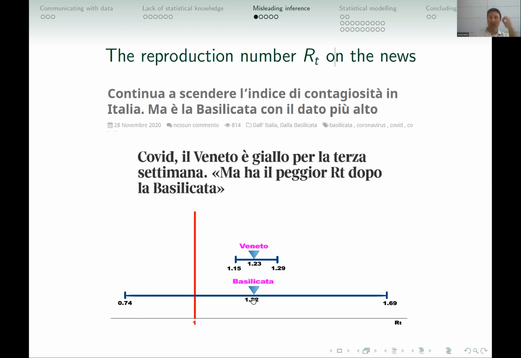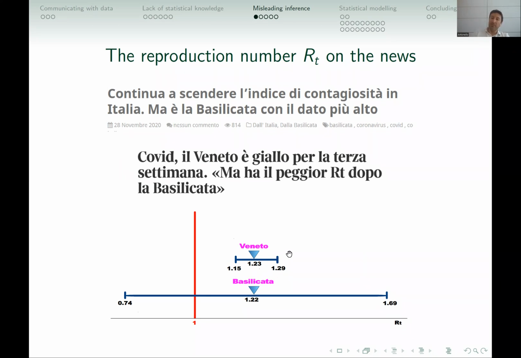In this specific case, we see that Basilicata and Veneto have pretty much the same point estimates. So the point estimate of the reproduction number in the two regions is pretty much the same. But the uncertainty measures, so these are the credible intervals, are completely different. Just to give you an idea, if the reproduction number is greater than 1, then the epidemic is growing, and otherwise, if it's less than 1, it's decreasing.